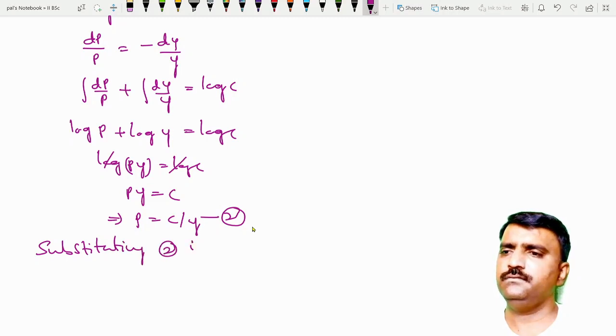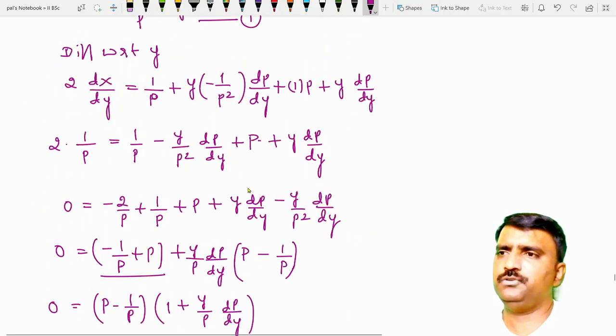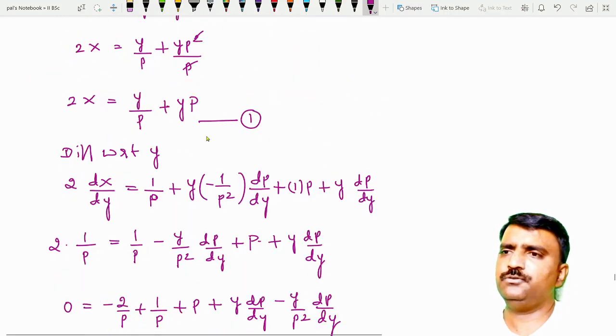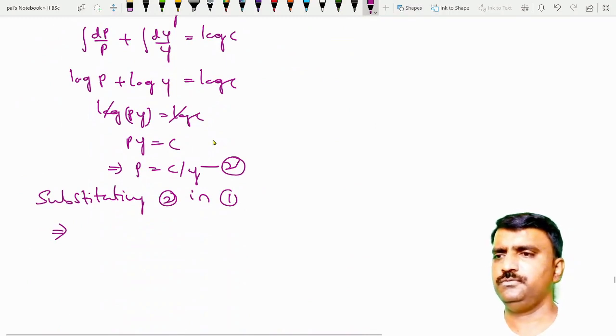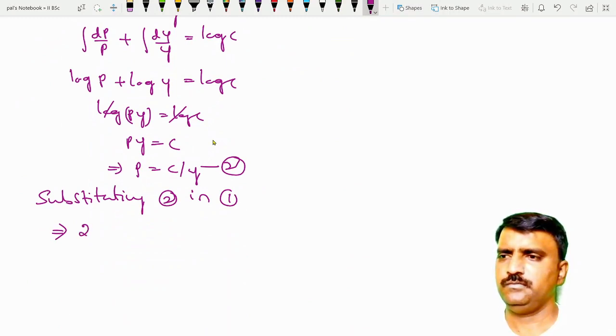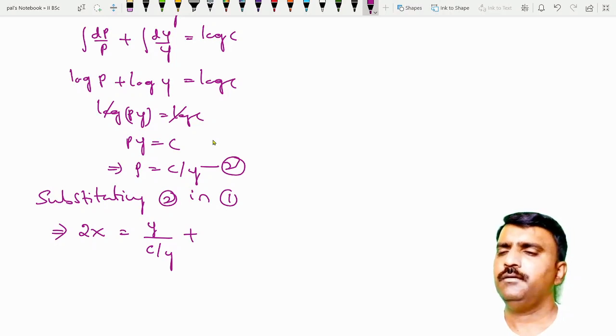Substituting 2 in equation 1, in equation 1 we have 2x is equal to y by p plus py.